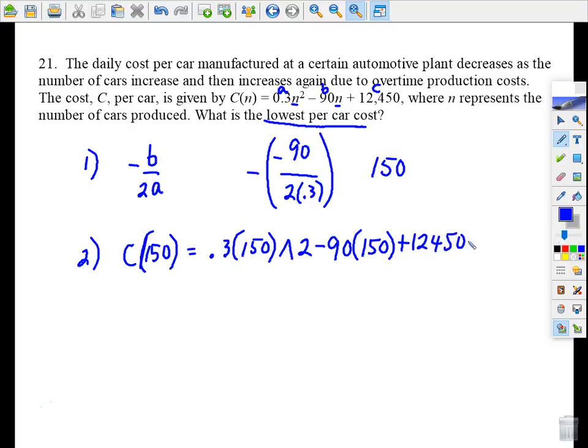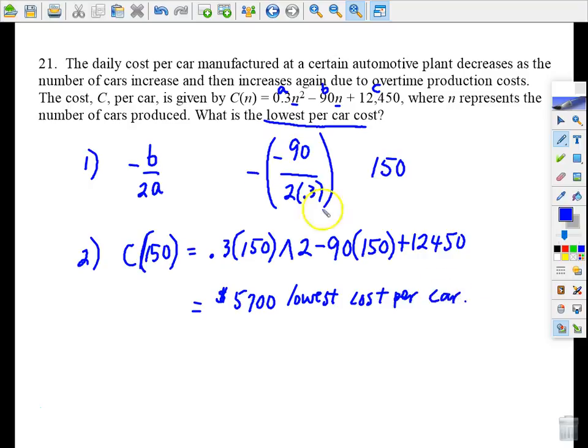Grab your calculator and put that in, and we get 5,700. It's a cost, which means dollars, so $5,700 would be the lowest cost per car.